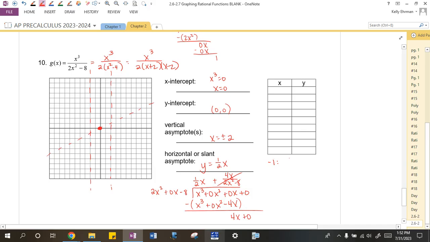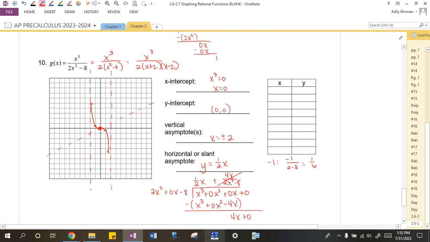So the answer I get for negative 1 is negative 1 over 2 minus 8. Negative 1 over negative 6 is 1/6. Negative 1, positive 1/6. The graph goes up to the left. Now, without doing math, I know that 1, negative 1/6 has to be on the graph because I know this is an odd function. If you're not into the even odd thing, then plug in 1 and do the math.